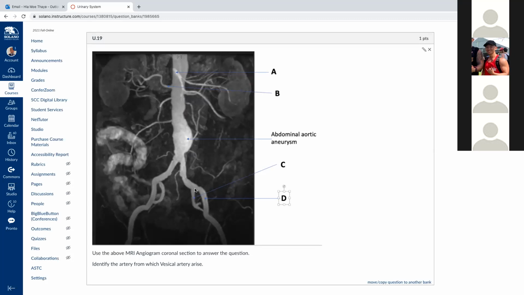The main branch continuing from the common iliac is called the external iliac artery. Once it passes underneath the inguinal ligament, it is called the femoral artery. So D is external iliac and C is internal iliac artery because it is going into the pelvis. It will supply the uterus and the bladder.